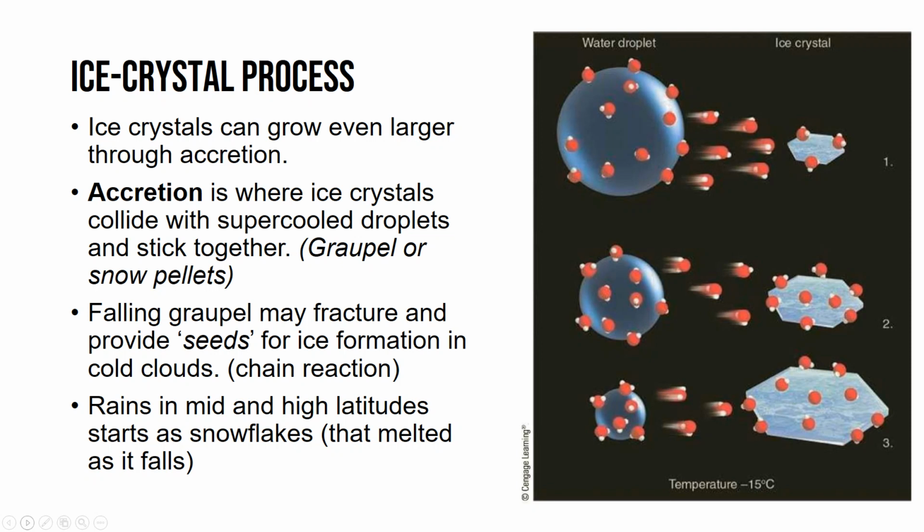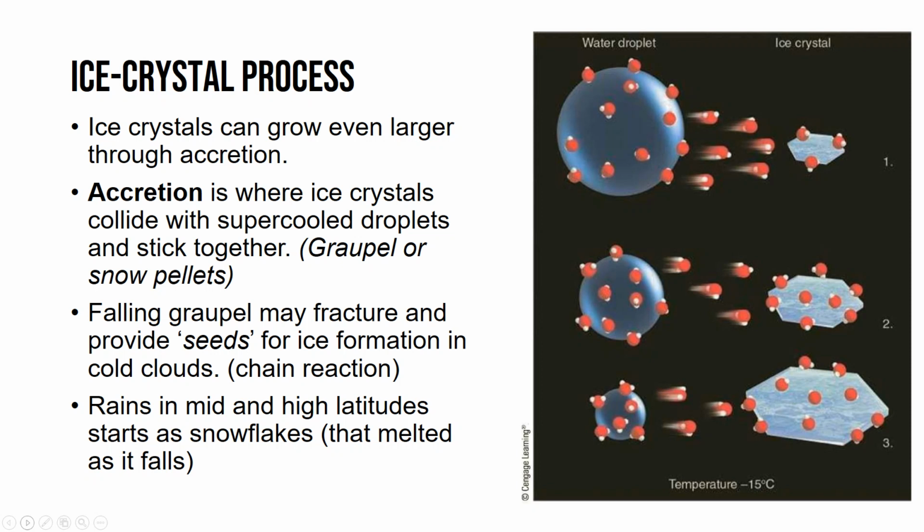What I mean by seeds is that this can serve as a nucleus for another ice particle to form, and so there is a chain reaction. So collision, breaking apart or sticking together, this small particle that breaks apart provides seeds, or starters, which is a better word, for new ice formation in cold clouds.